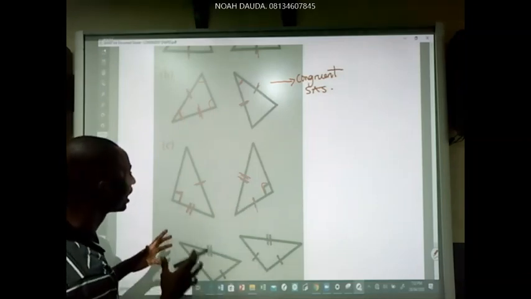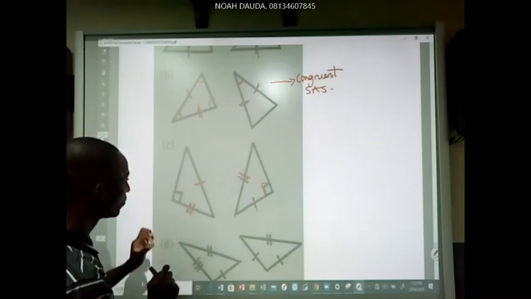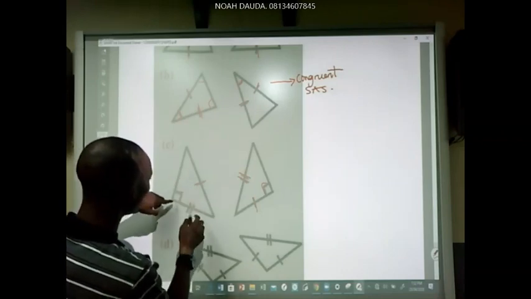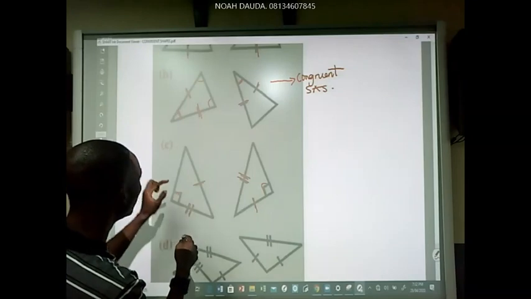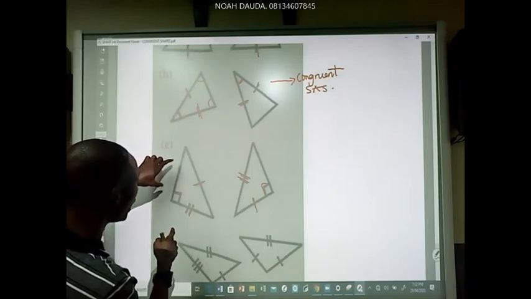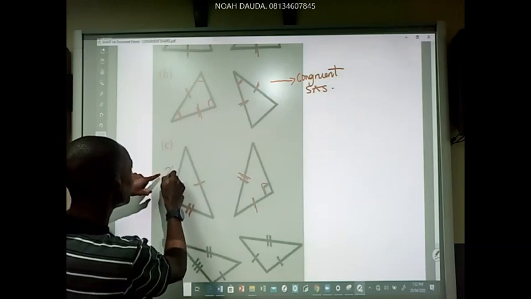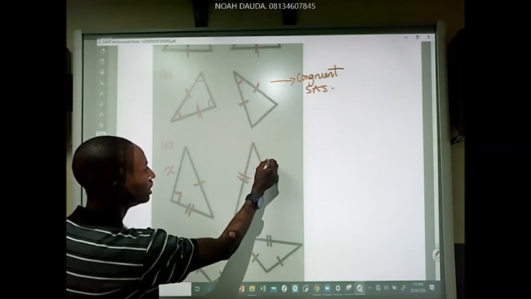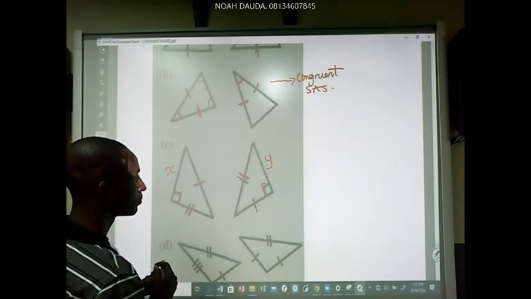Now, the question is, are these two triangles congruent? Now, we are looking at the diagram again. So, there is a value here and there is a value here. At the end of the day, for you to determine this value, you would definitely not have the same answer as we have in here. Also, the answer between this and this will not be the same.